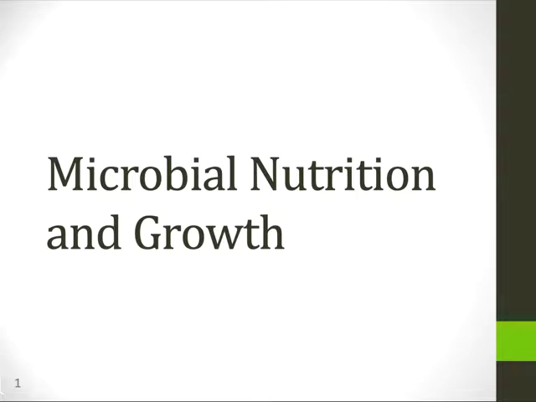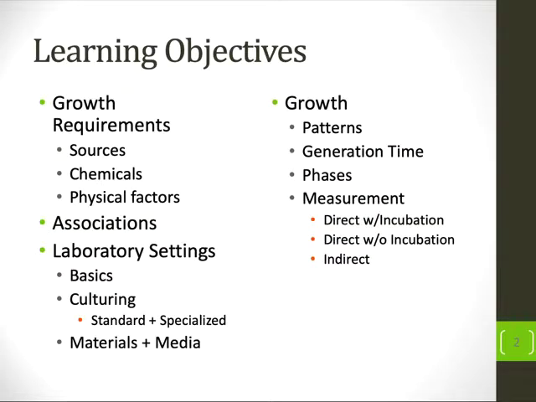For microbial nutrition and growth, the objectives will be to look at the requirements that these microorganisms need for growth, the sources of their food, the sort of chemicals that they need, and the environmental factors that influence their growth. We'll also look at some associations.